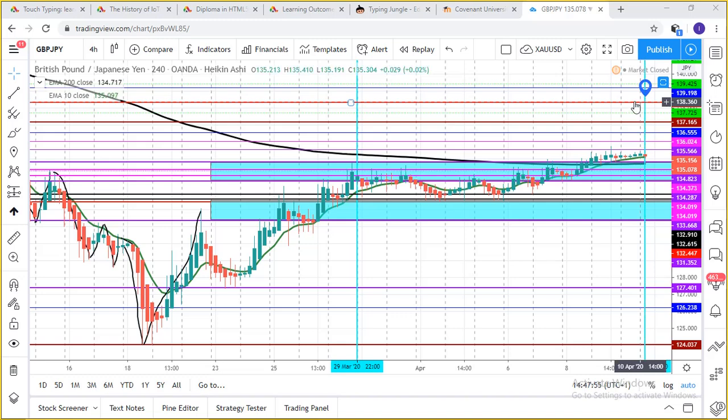and I expect that at this particular resistance, there's still going to be some funny events. This resistance of 139, 139.200, yeah, 139.200.